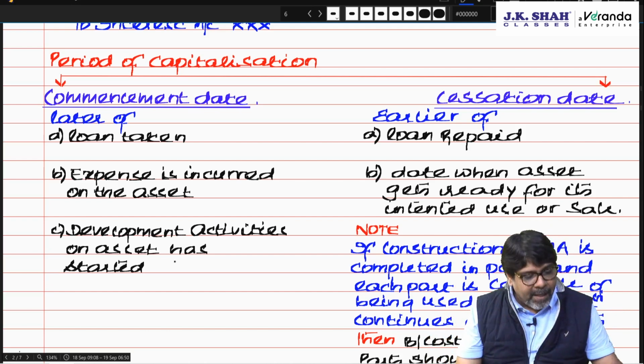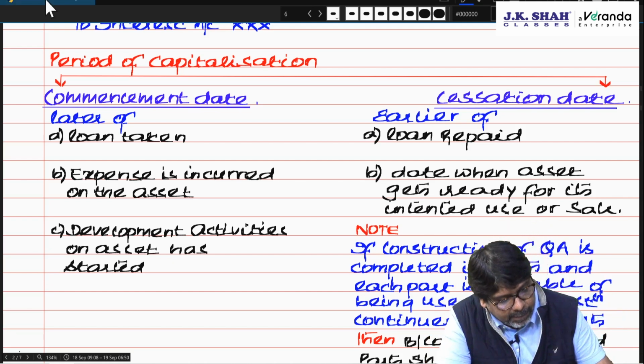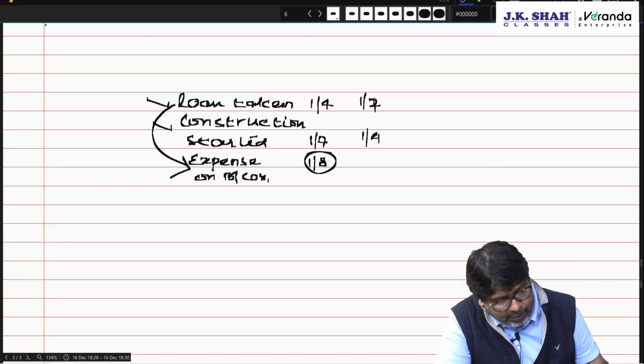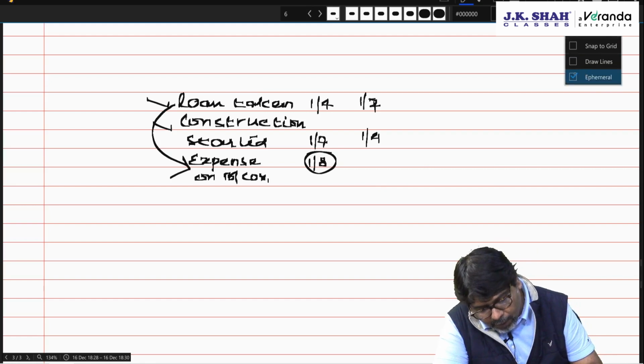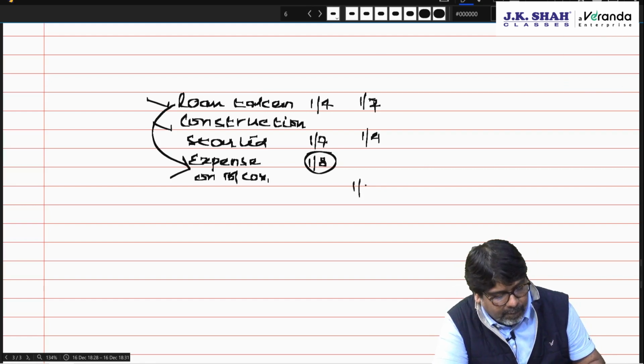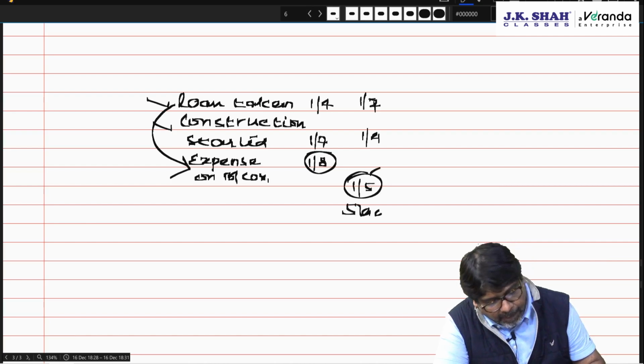Okay. So if the loan is taken earlier, but the money is spent later. Suppose I have taken a loan on 1st of April, 5 lakh. 1st of May, I took a loan of 5 lakhs. Construction started on 1st of June.